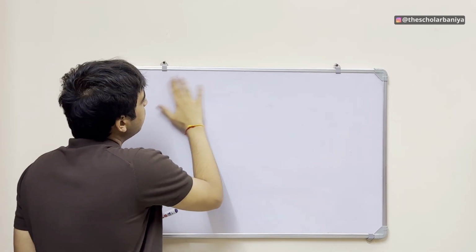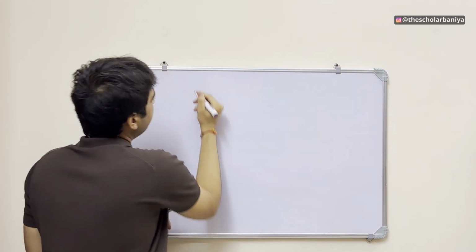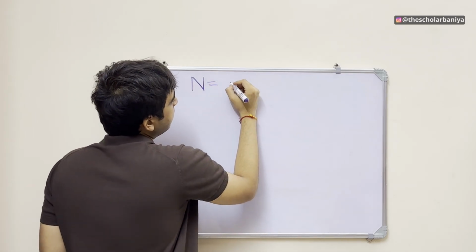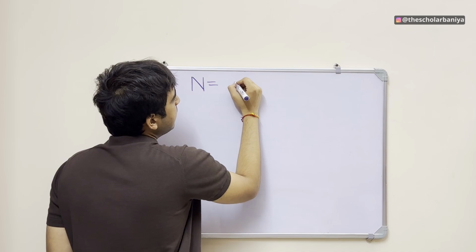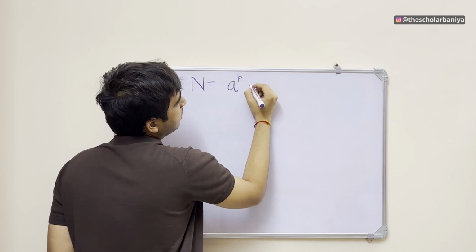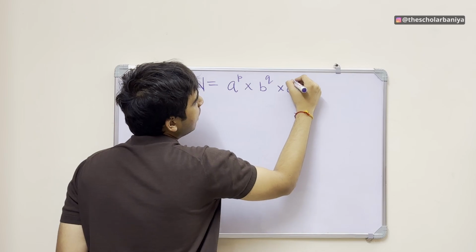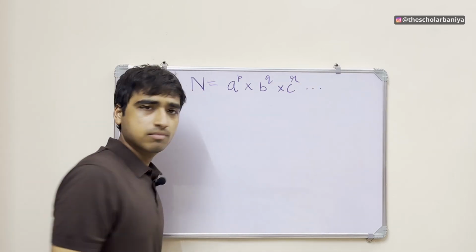So the formula for that is given by, for example, if we can write n is equal to, let's suppose, a to the power p into b to the power q into c to the power r, and so on.